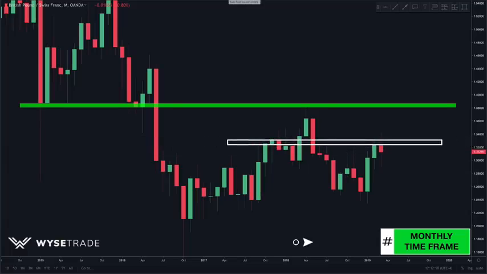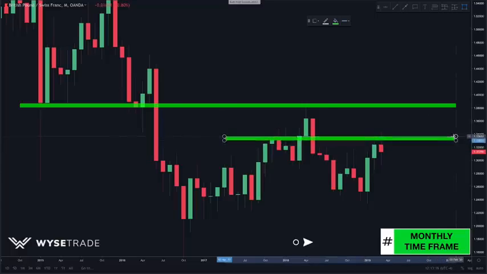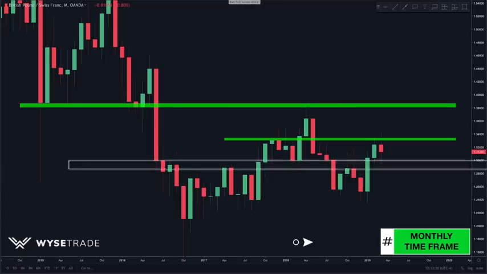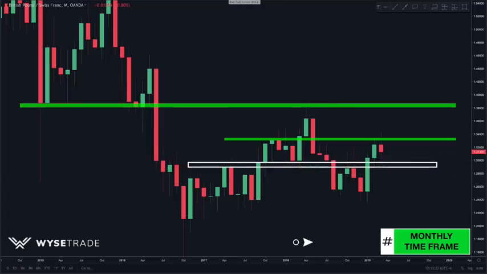Next, we spot this level here, so we draw it in. Moving on down, another level with multiple rejections, so we draw it in.